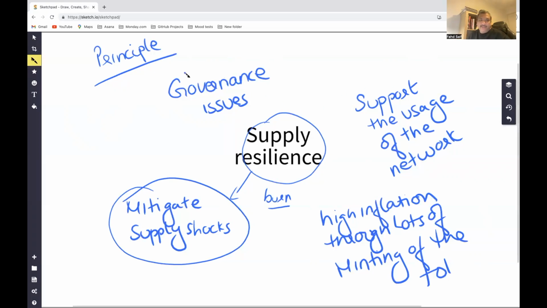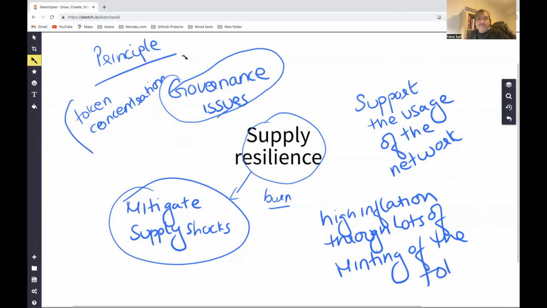Another thing to consider when we are talking about supply resilience is governance. So governance issues basically relate to a token being concentrated with certain people. When your governance is not proper, you end up with your tokens being concentrated with some vested powers inside your ecosystem.